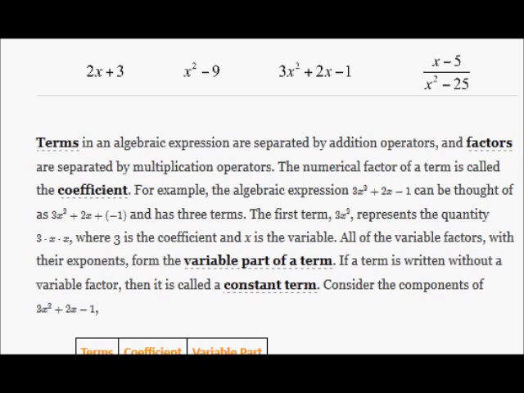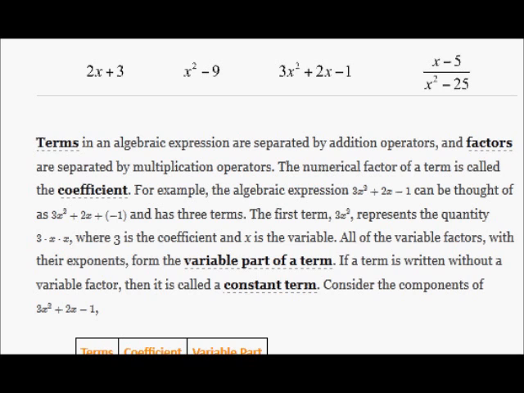The first term, 3x squared, represents the quantity 3 times x, where 3 is the coefficient and x is the variable. All of the variable factors, with their exponents, form the variable part of a term. If a term is written without a variable factor, then it's called a constant term.